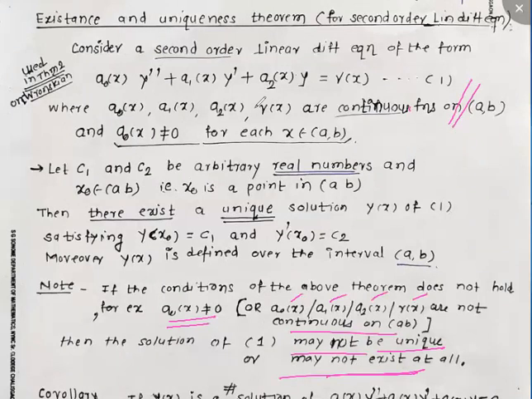The single condition is that a0, a1, a2, r(x) are all continuous functions, and a0 is non-zero. So if any one of these functions is not continuous, or a0(x) is equal to 0, this condition does not hold. Then the solution of the above equation may not be unique, or it may not exist at all.